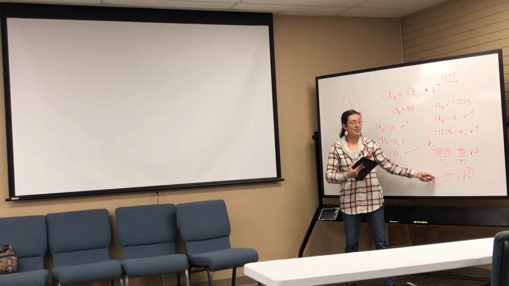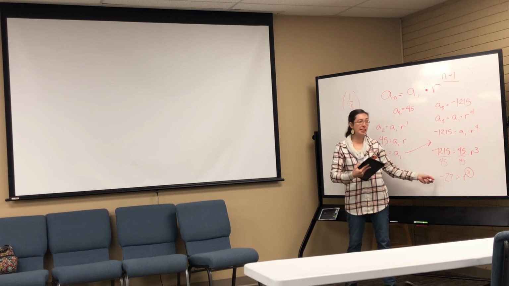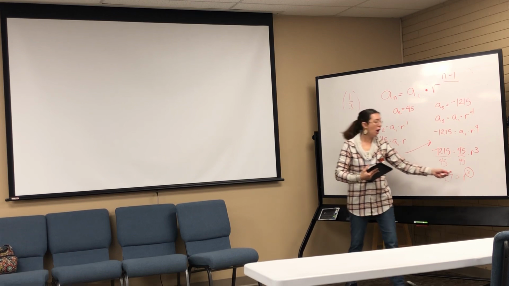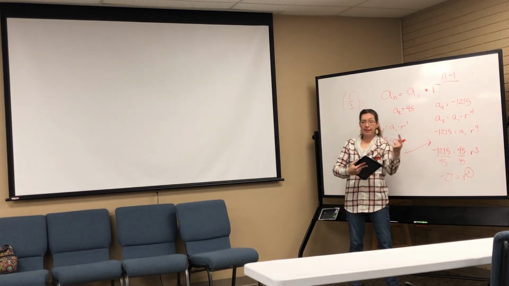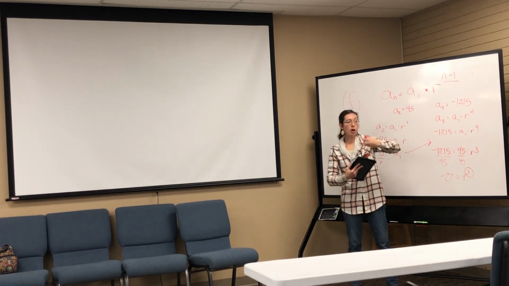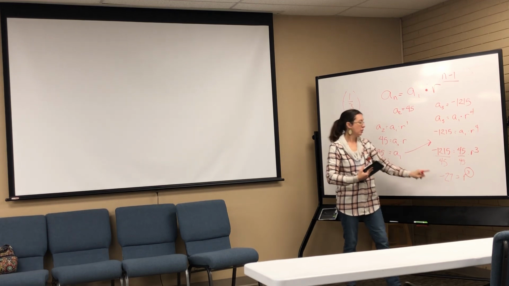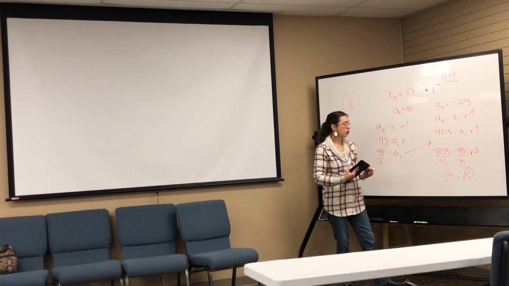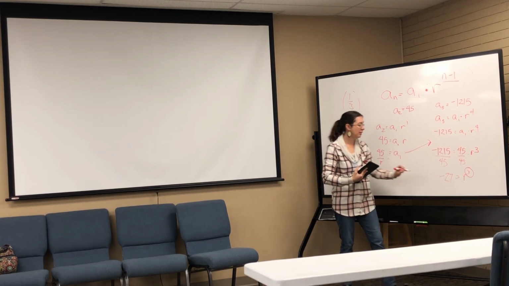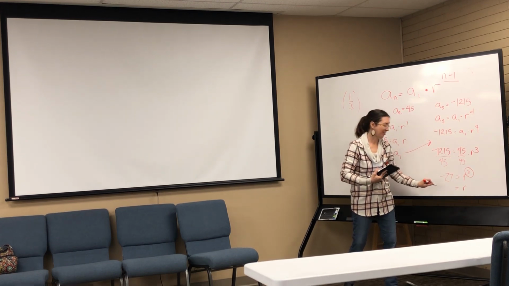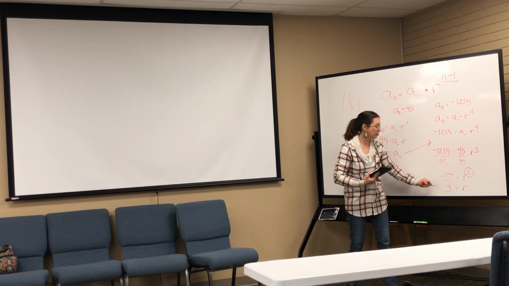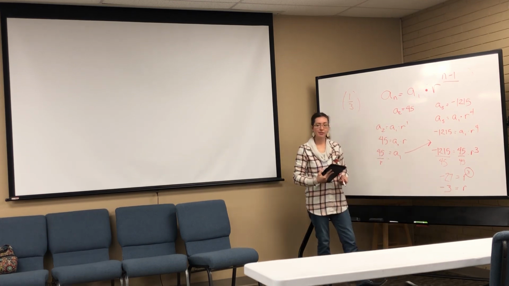No. Even exponents can't give negative values. Odd exponents can have either negative or positive values. Correct? So the cube root of 27 is 3. But it started out negative, so it's negative 3.